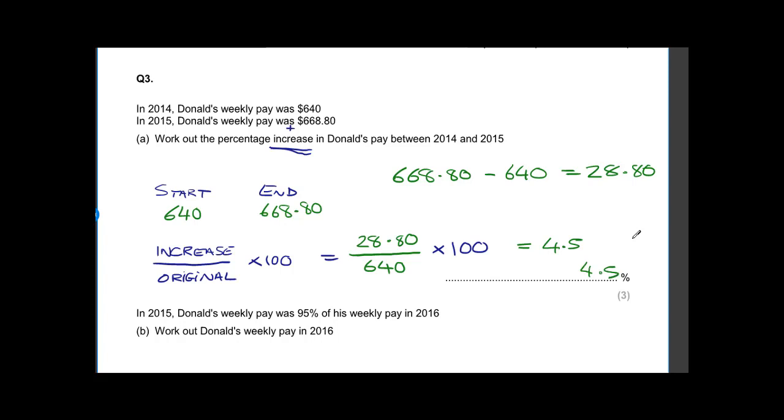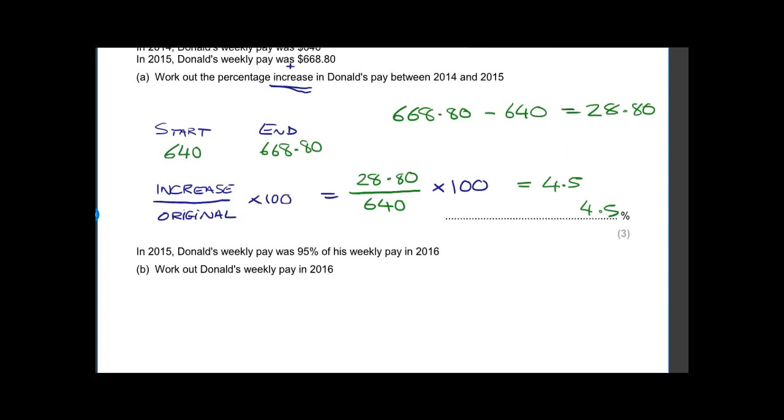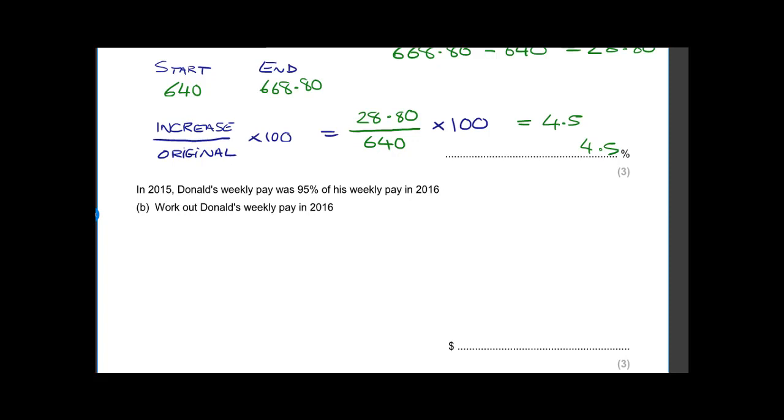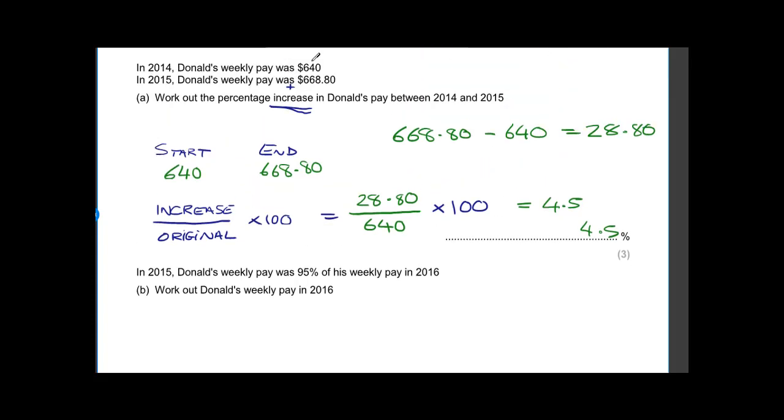Alright. Donald's 2015 weekly pay was 95% of his 2016 weekly pay. Work out his 2016. Okay, well, what was his 2015? His 2015 pay was 668.8.